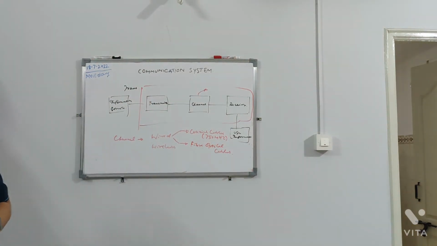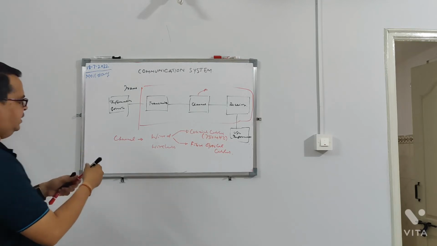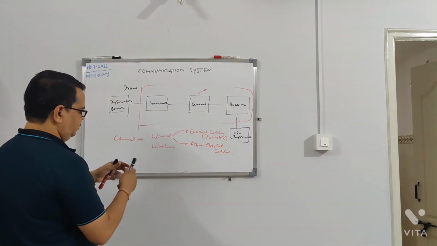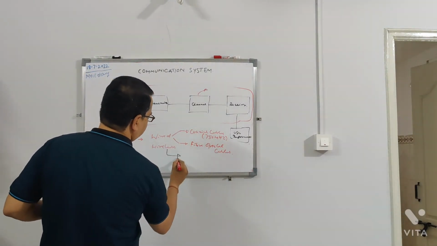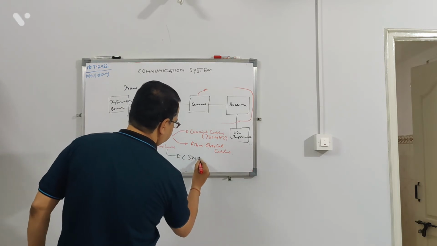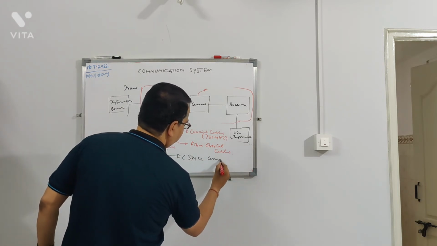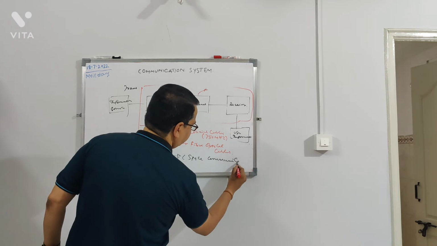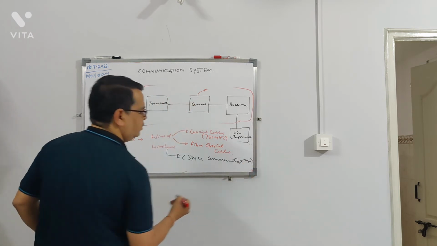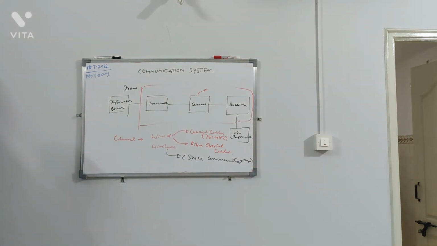Other than these two, there is wireless communication, otherwise called space communication. You don't need any wire for that. This is space communication, or radio wave communication, the electromagnetic wave communication.